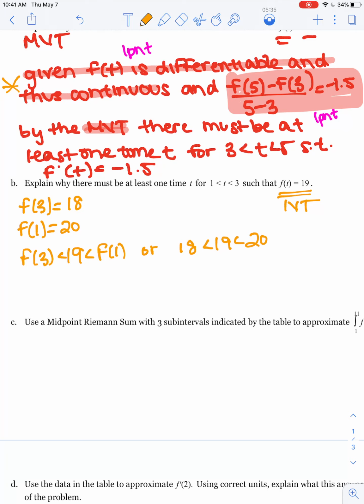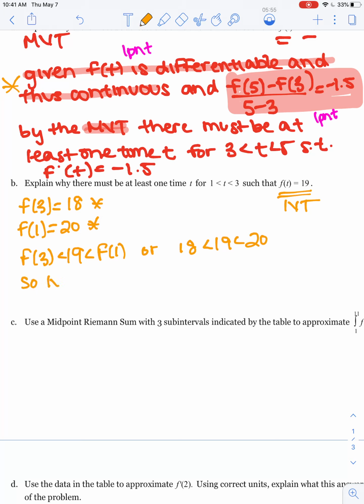Again, we started with saying that it was differentiable and thus continuous from part A. We then analyzed the function values at our endpoints, and we showed that they bounded our value of 19, the value that we're trying to show that our function hits.